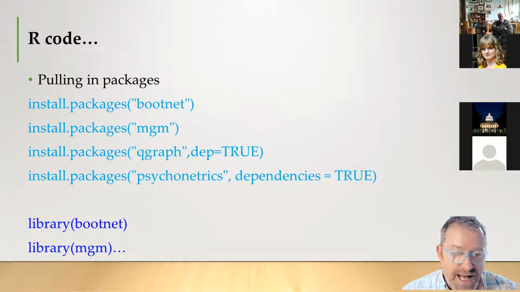If you don't do that and you try to install the bootnet package and it needs 3 or 4 other packages, it will just tell you, by the way, you have to install these. Once they're installed, you then have to call them in the same syntax that you're going to use them.